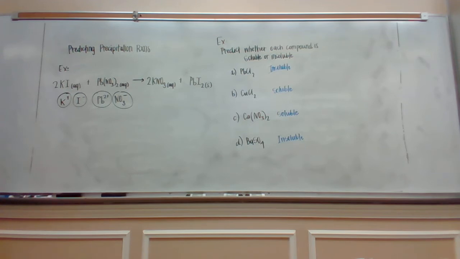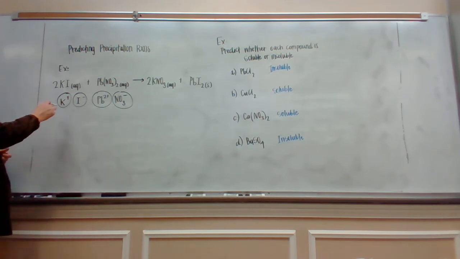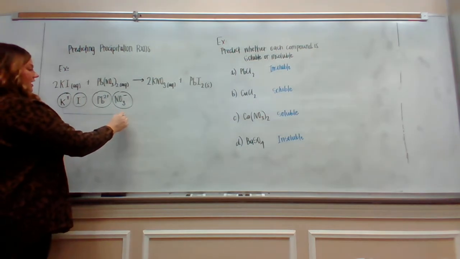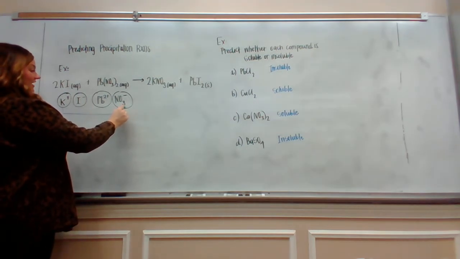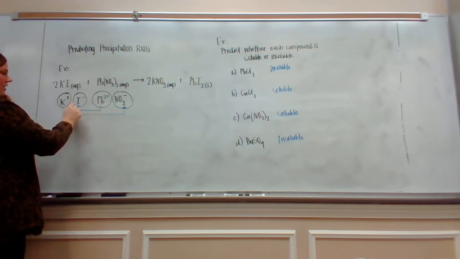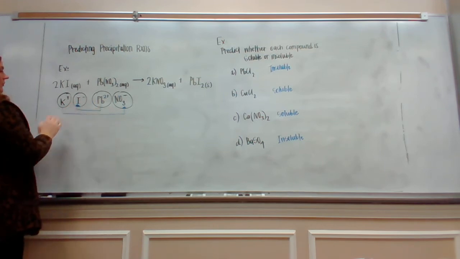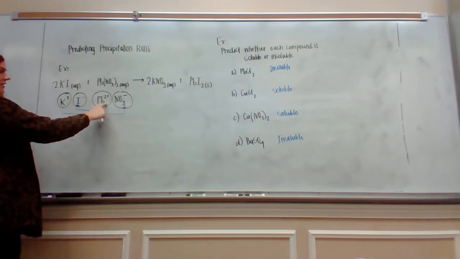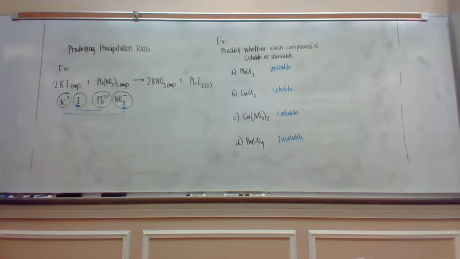So we do kind of a double displacement type thing where the positive ion of one reactant now tries to form a bond with the negative charge of the other reactant and vice versa. Okay, so potassium tries to bond with the nitrate ion, lead to the iodine ion.